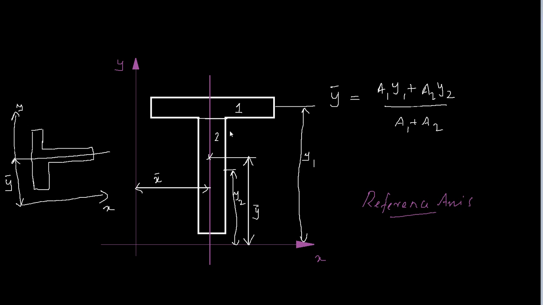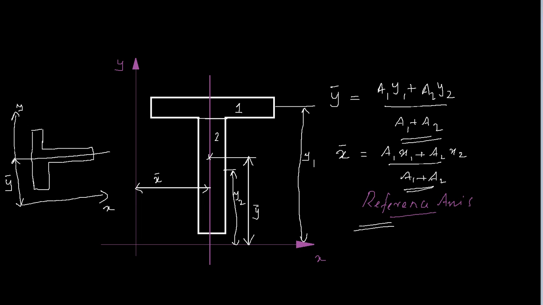So in that case, this equation will change to x bar is equal to A1 x1 plus A2 x2 divided by A1 plus A2. So that just depends on the reference axis, the axis you select.